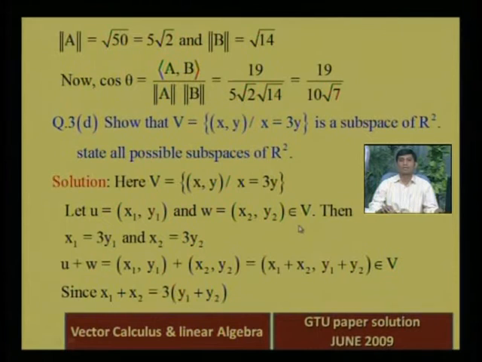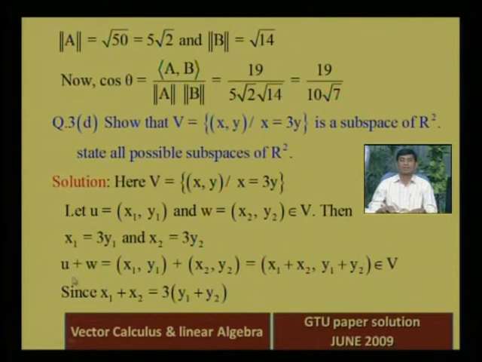Now to prove subspace, we have to prove just two conditions: closure under addition, that is if u, v belong to V, then u plus v belongs to V, and for any scalar alpha, alpha into u belongs to V. So when we prove that u plus w is equal to (x1, y1) plus (x2, y2), that is equal to (x1 plus x2, y1 plus y2) belongs to V. Why does this element belong to V?